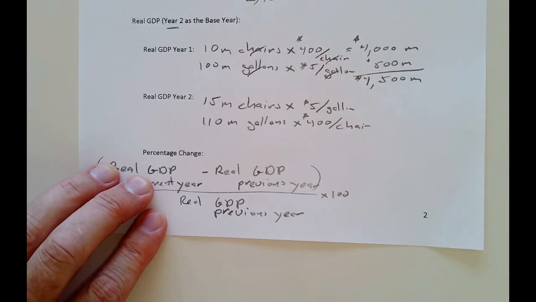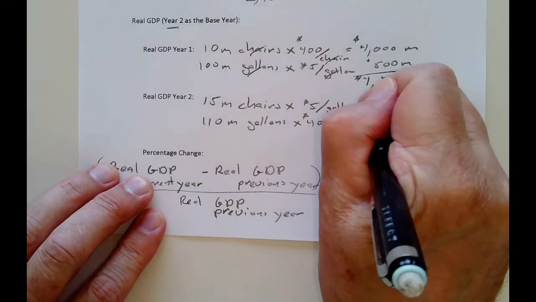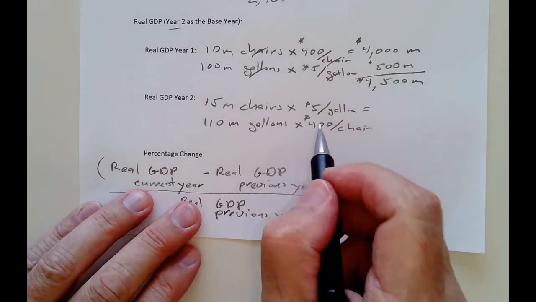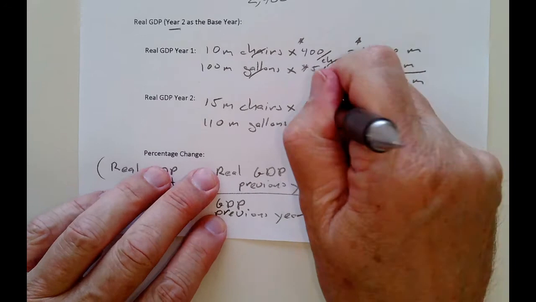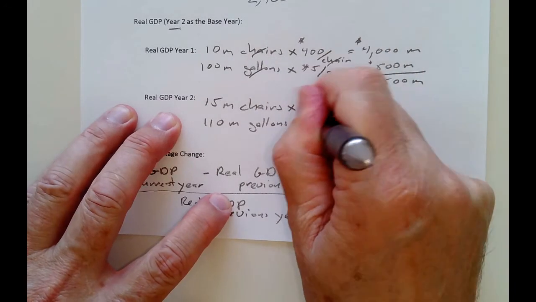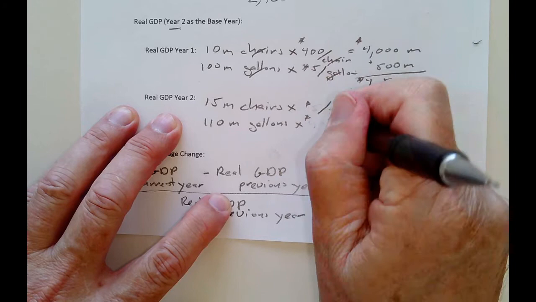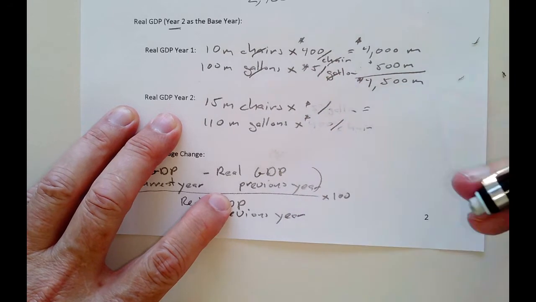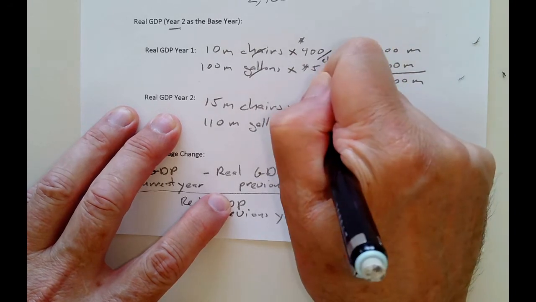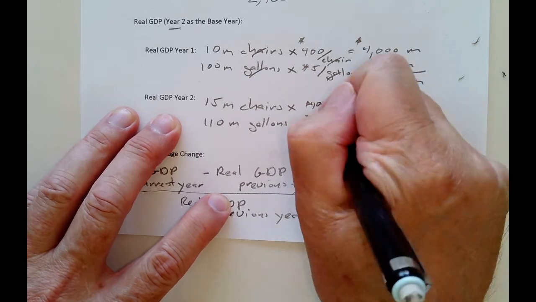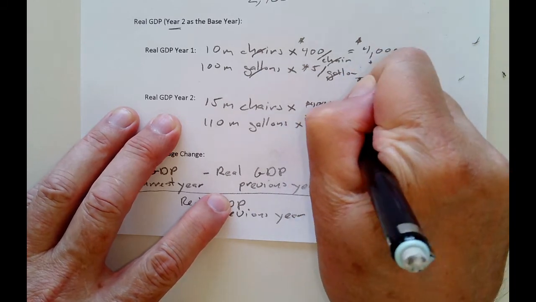And down here, we do the same calculations. So we have our 15 million shares. Whoops, made a mistake. This is $400, sorry. Times 15 million shares, and these are per chair, and this is $5 per gallon.